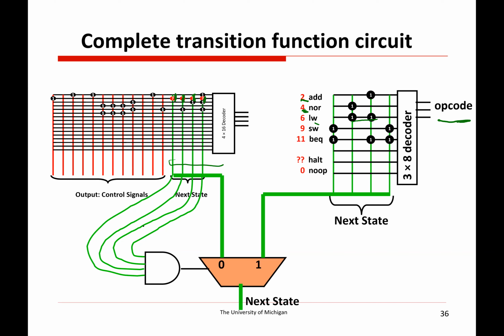So instead, we're just going to feed all of those into an AND gate and have that be the driving force for this mux, where if this is all ones, then we should use this second decoder that's telling me, okay, this is a decode instruction, I need to look at the opcode to figure out the next state. Otherwise, if not all these are ones, then this must be a valid next state, and we'll take whatever that's telling us.